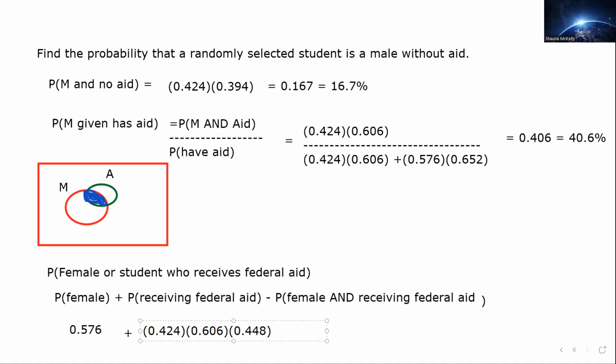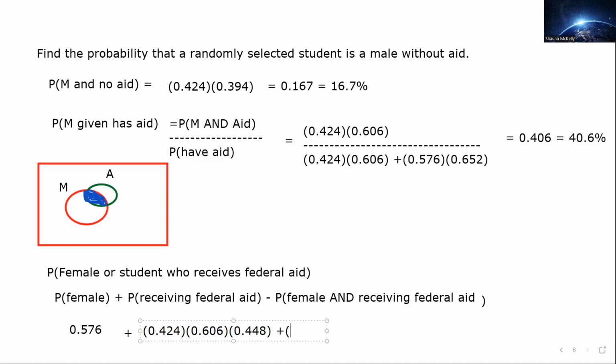Now I would have to do the females who receive federal. But I don't want, see, the receiving federal aid would be also my females, right?